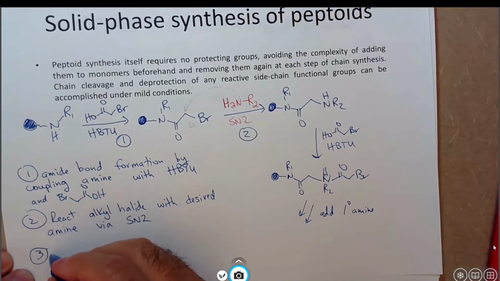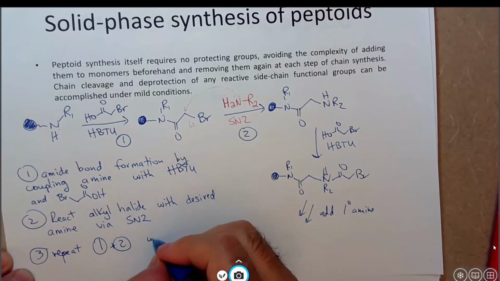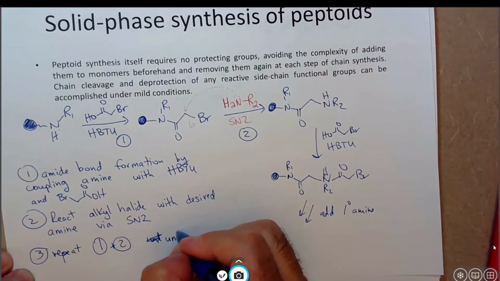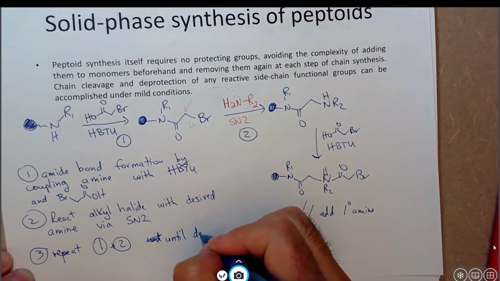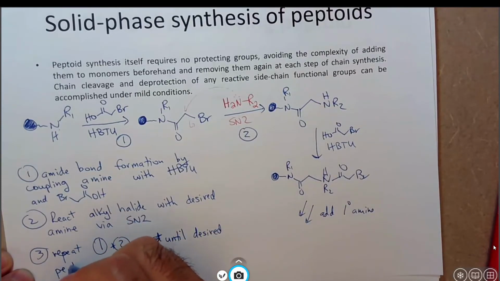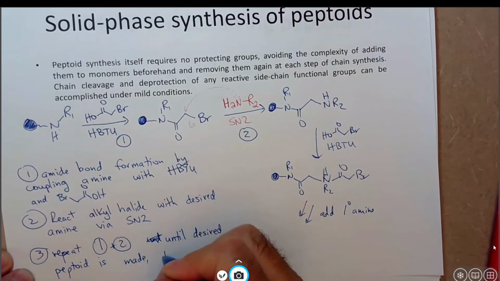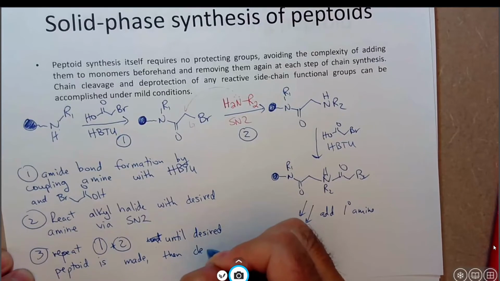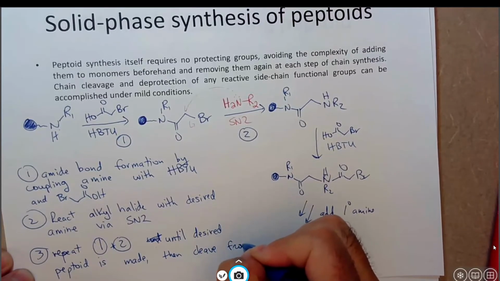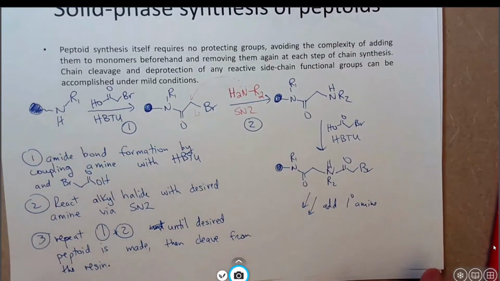So step 3 is repeat steps 1 and 2 until desired peptoid, then cleave from the resin. Okay, so it's a fairly simple iterative process.